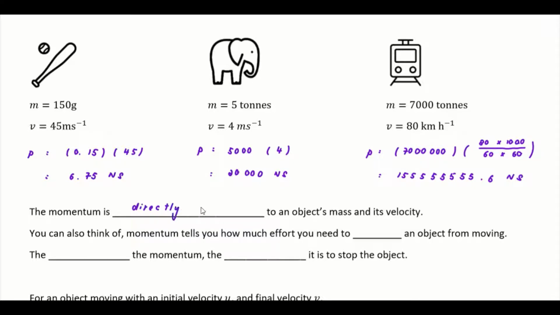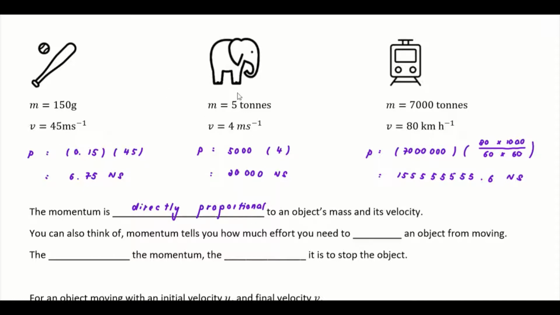As you can see here, the momentum is directly proportional to the object's mass and also its velocity. The greater the mass of an object, the greater the momentum that you will create. For example, when we compare the baseball and the elephant, you'll realize that the baseball is moving with a higher velocity, 45 compared to 4.